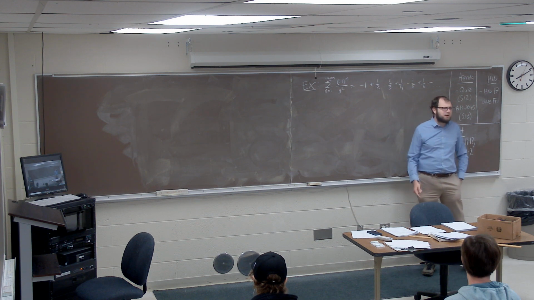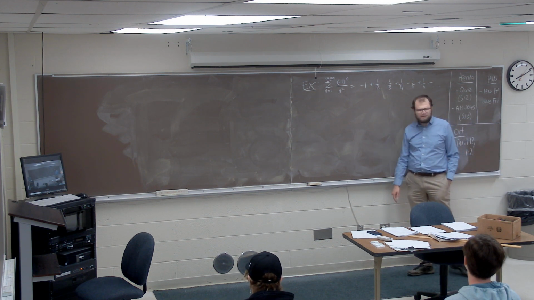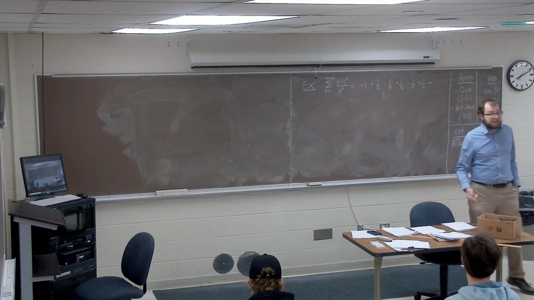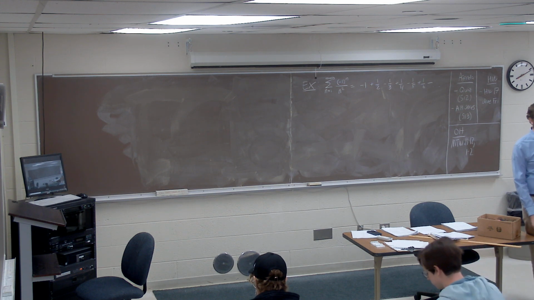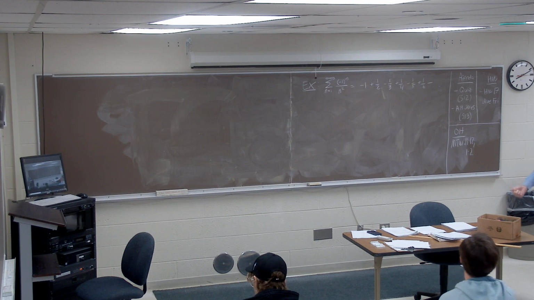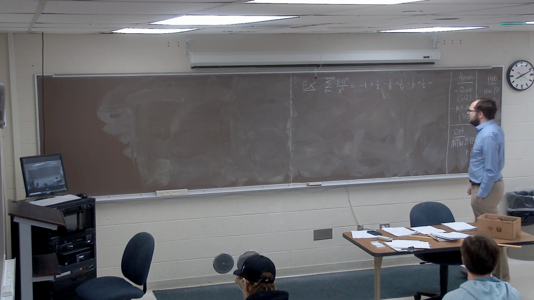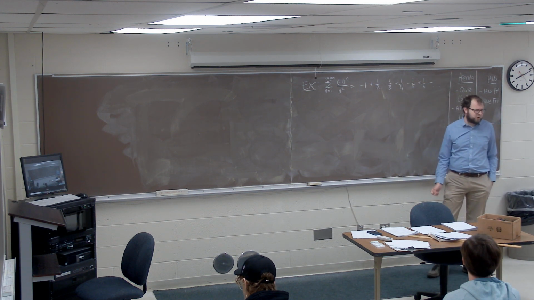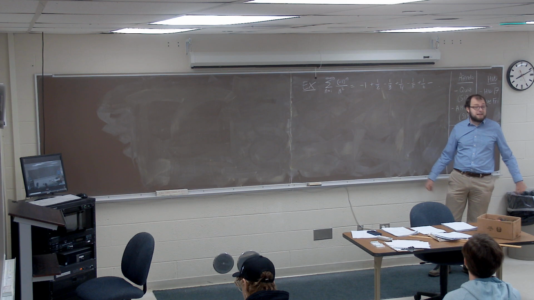Alrighty, so here's the scoop. Last few classes we've started talking about a few different tests to determine whether or not a series is going to converge or diverge. For the most part though, something we haven't spent much time on is what happens if you have some positive terms and some negative terms in your series.